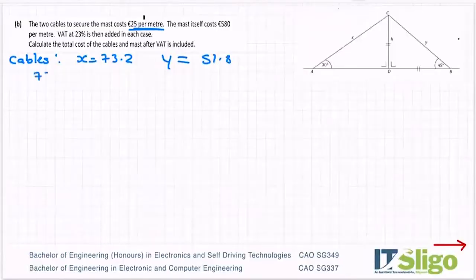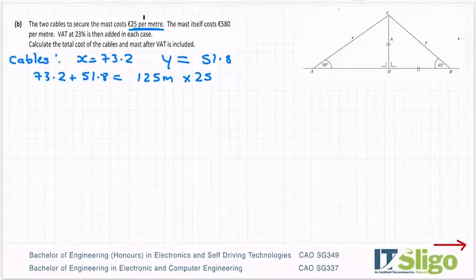So let's add these together. 73.2 plus 51.8 is 125 meters, and it's 25 euros for every meter. So we need to multiply by 25 because that's how many meters I have, and I have 3125 euros for the cables. The mast itself cost 580 per meter.